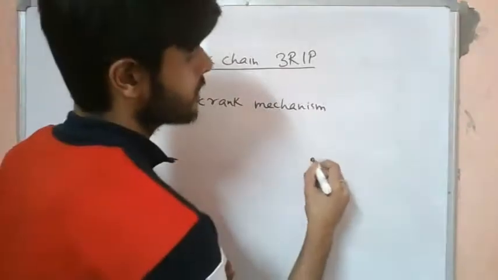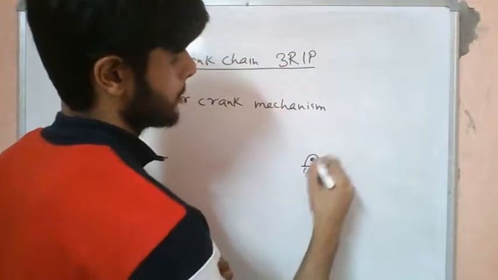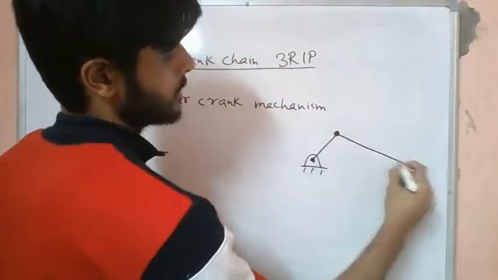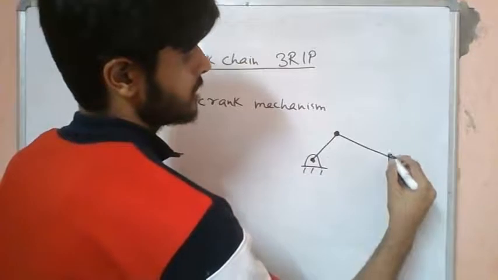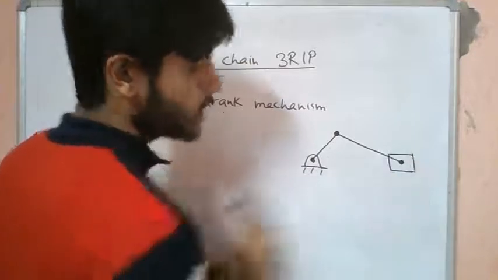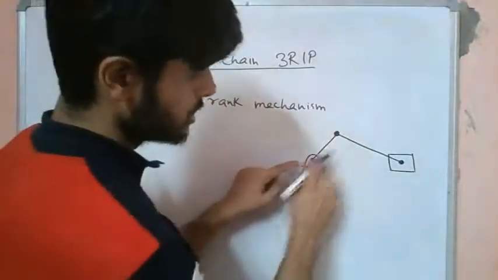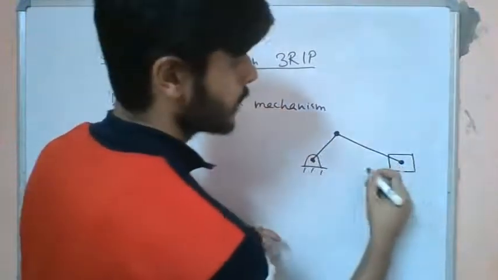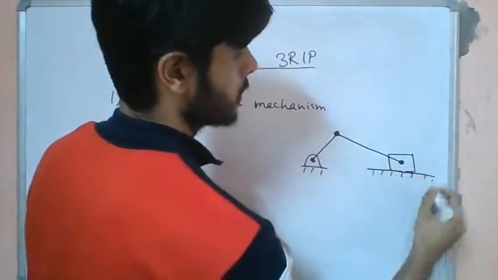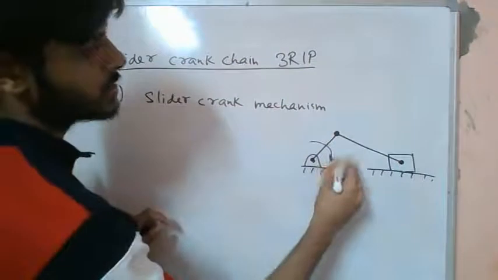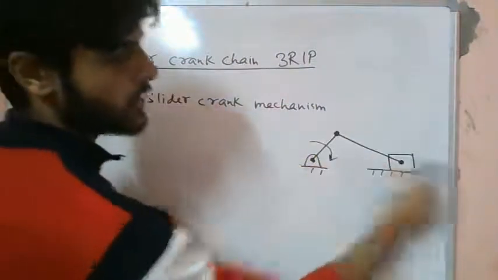So we have a crank, something like this. This is the coupler or connecting rod, and this is the piston. So we have 3 revolute pairs. This is one, this is one, this is one, and one of them is the prismatic pair. So when this crank rotates, this slider oscillates.